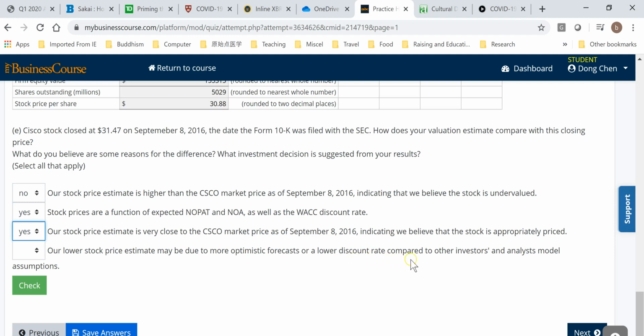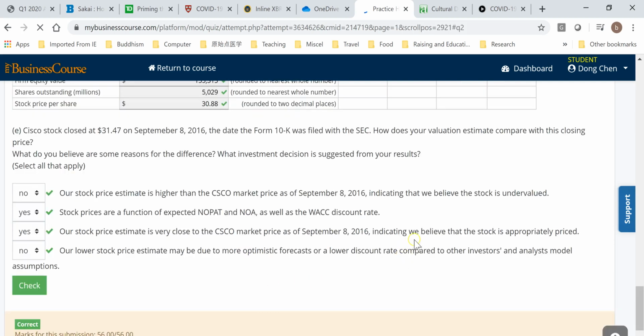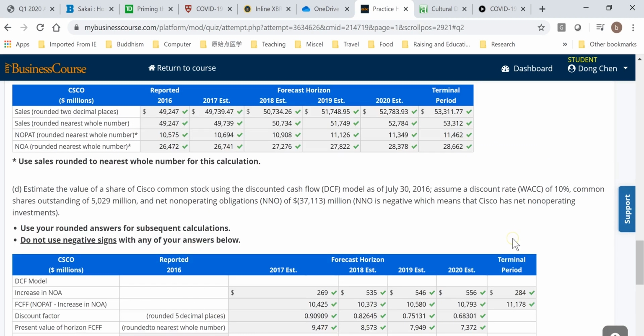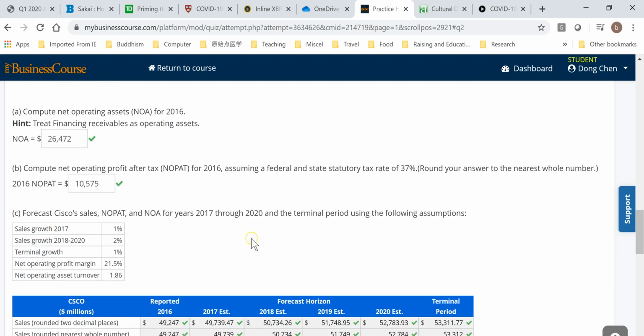That's why it's called the discount rate. So this obviously is not true. Then we can check our answer, and you can see that all these answers are marked as correct.